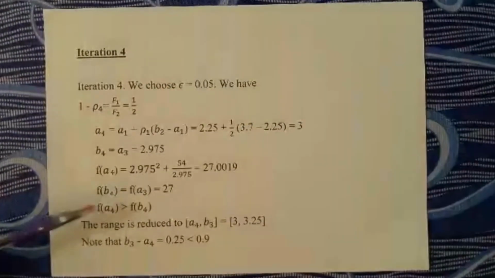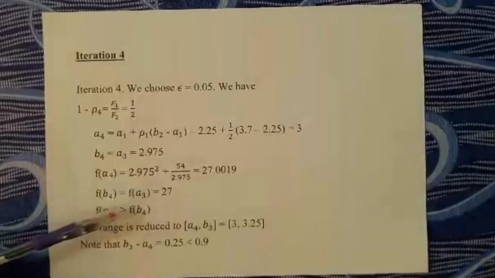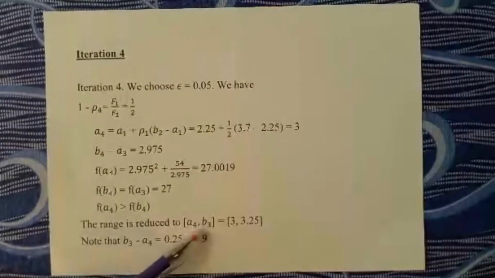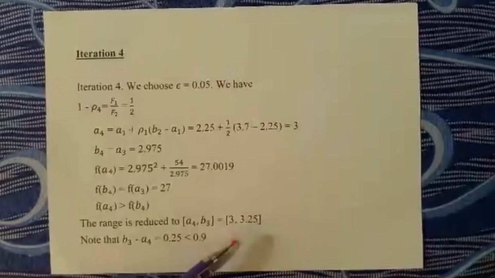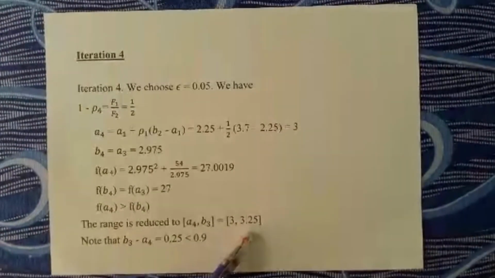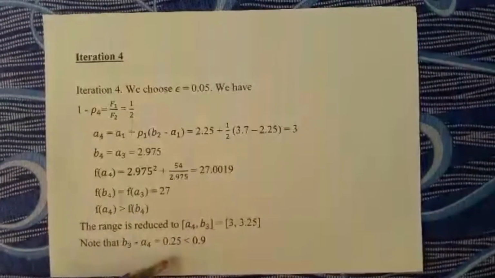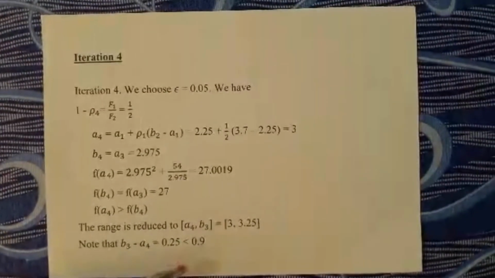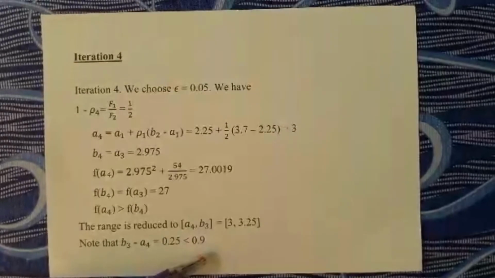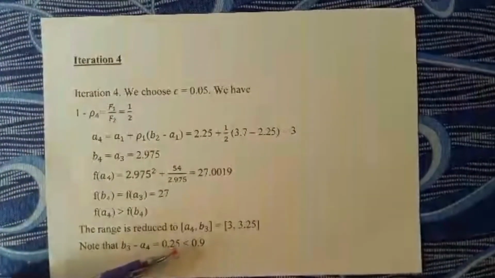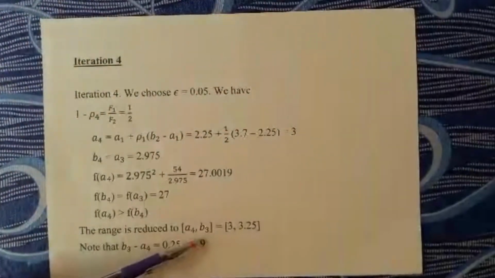We can see that f(A4) is more than f(B4), so the range is reduced to A4 and B3, equal to 3.25. Note that B3 minus A4 is equal to 0.25, which is less than the given range. The value that minimizes the function is located in the interval A4, B3.